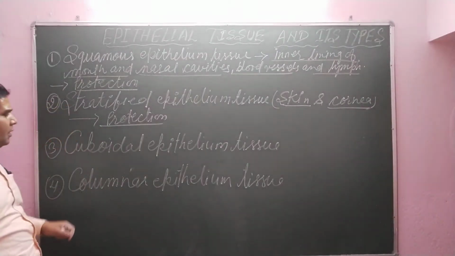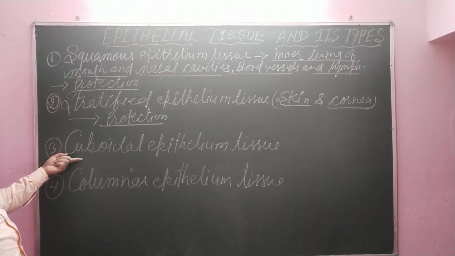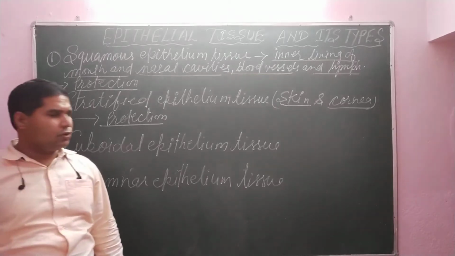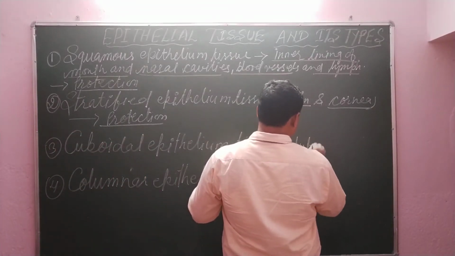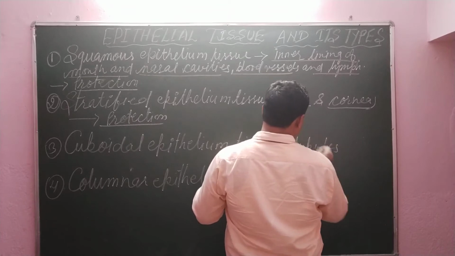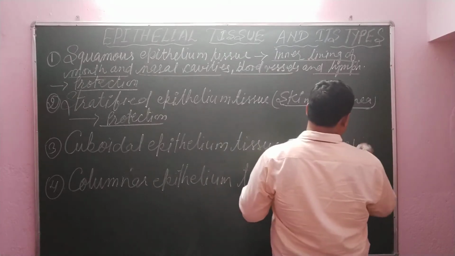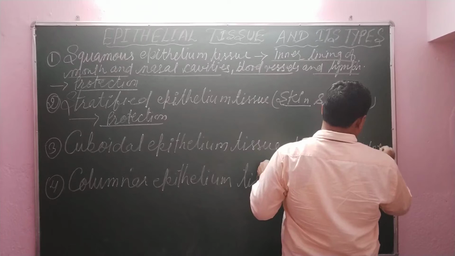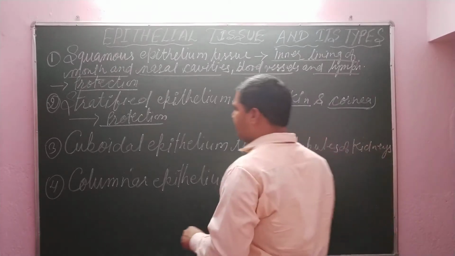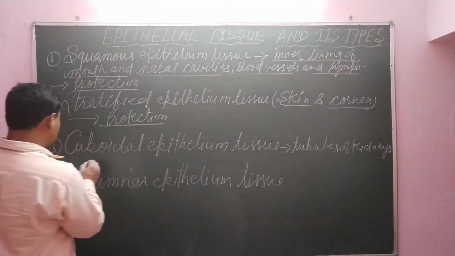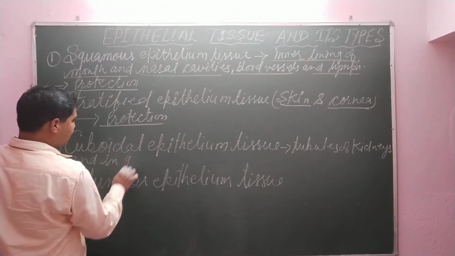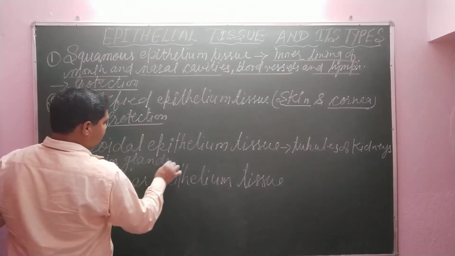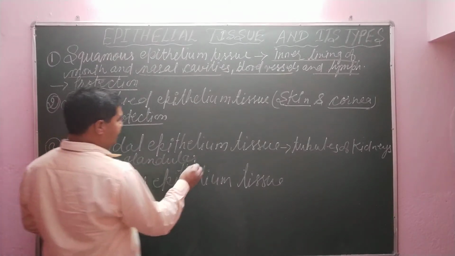The next type of epithelial tissue is the cuboidal tissue. Cuboidal tissue is located in the tubules of the kidney and in the glandular duct.